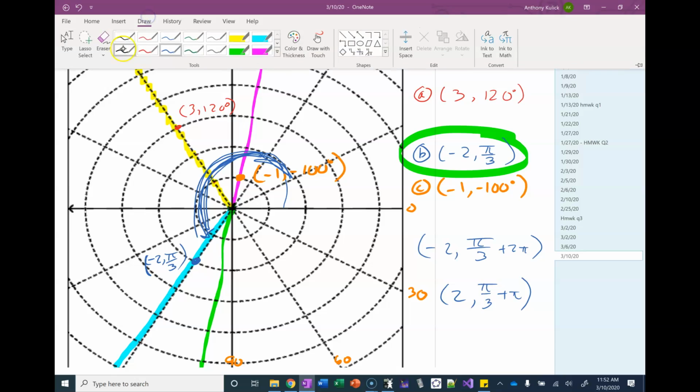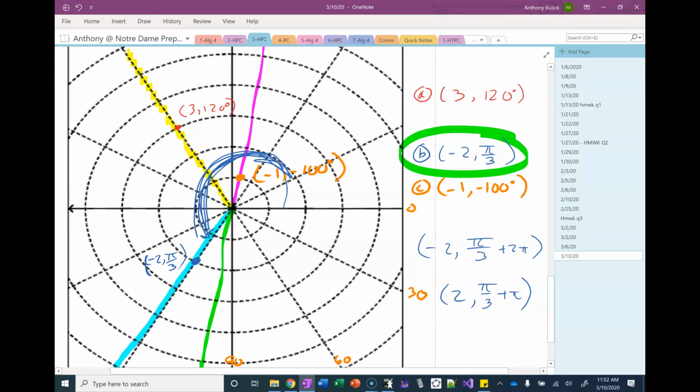So let's formalize these two ideas, because these are really the two major ideas, the two ways that we can get a point that's also in the same location.